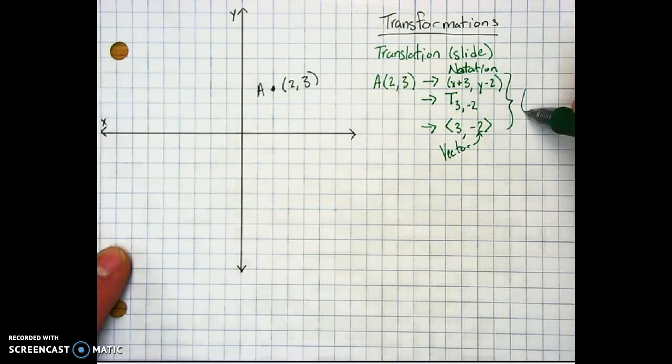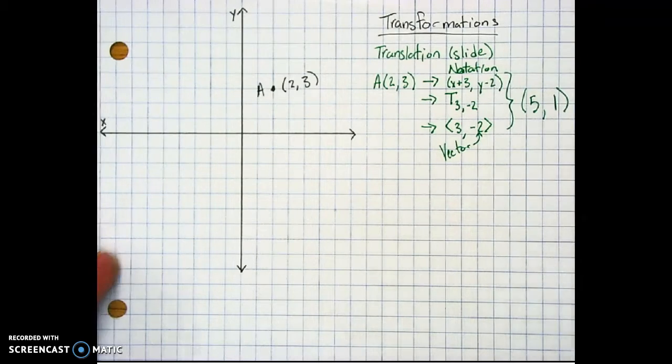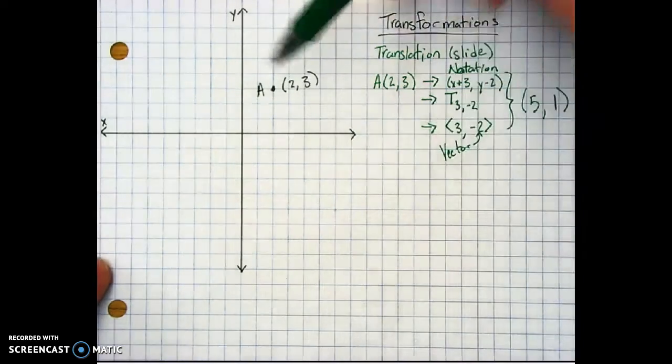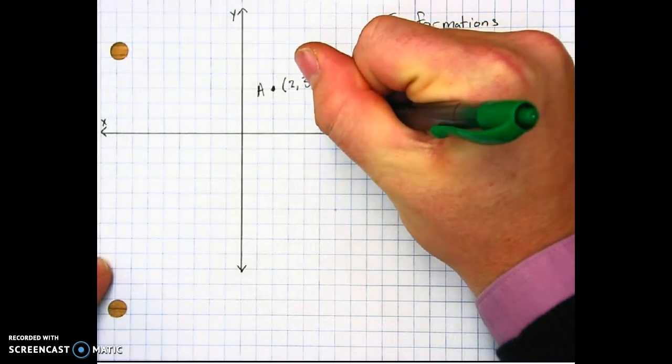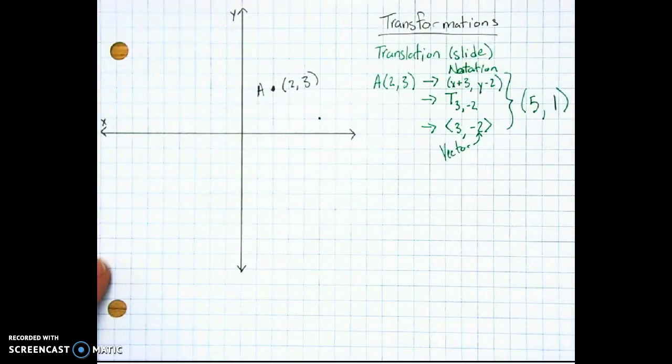So that means our new point would be 2 plus 3 is 5, 3 minus 2 is 1. And that's it. If we wanted to map this out, we would go 3 to the right, 1, 2, 3, and 2 down, 1, 2. And there would be our translated point.